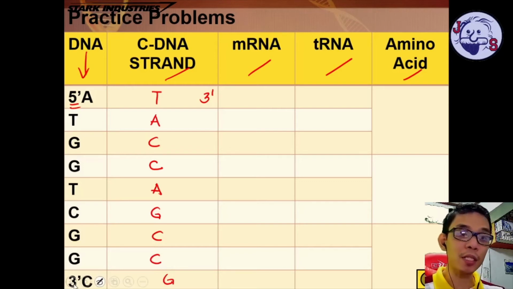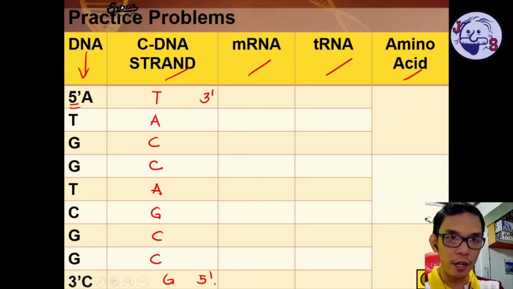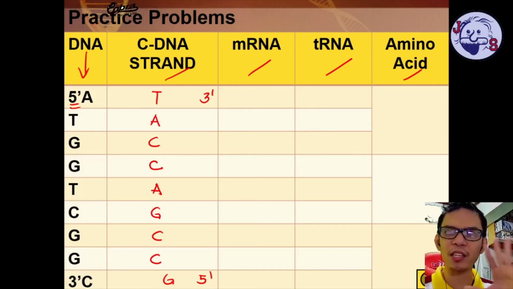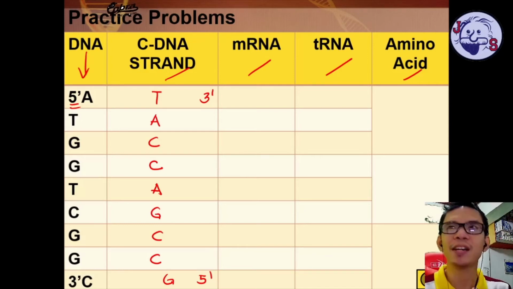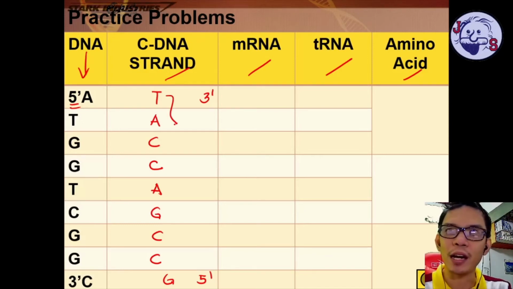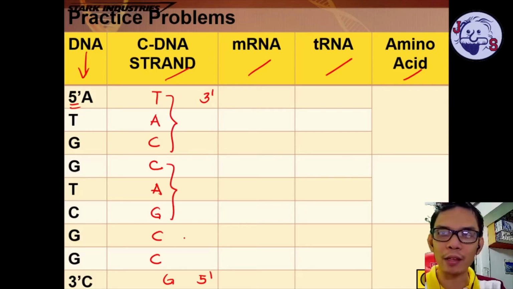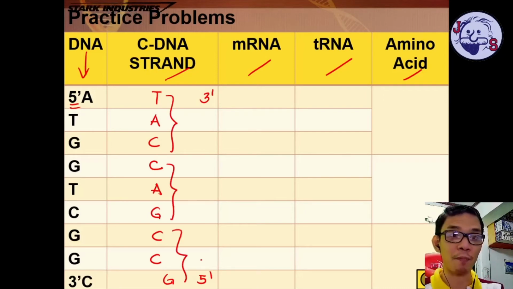And if this is 3 prime, then the last part will be 5 prime. Later I will discuss what we mean by 3 prime and 5 prime. Let's put this into brackets to make it simpler and to show that it is in the form of codons.